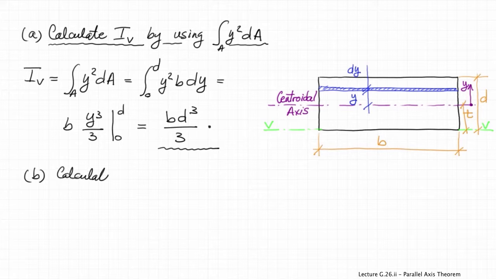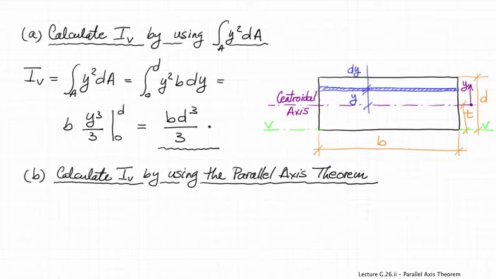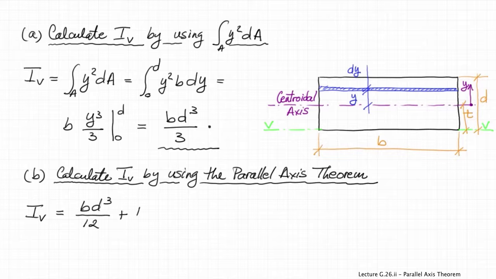Now, can we calculate the same by using the concept of the parallel axis theorem, the one that we've just learned? Well, let's see how we can use this concept now. In this case, the moment of inertia about the v-axis will be equal to the moment of inertia of the rectangular area about its own centroidal axis, which is b d cubed divided by 12, plus the transfer term, A t squared.